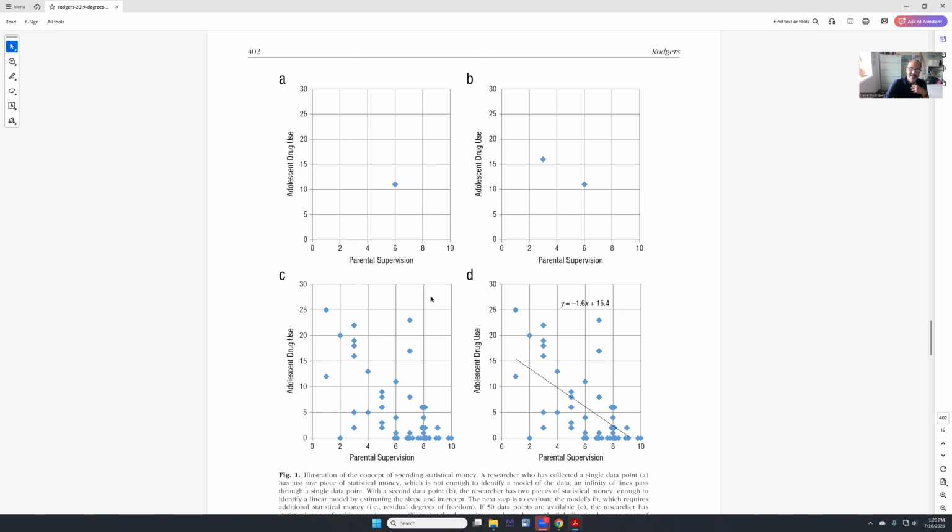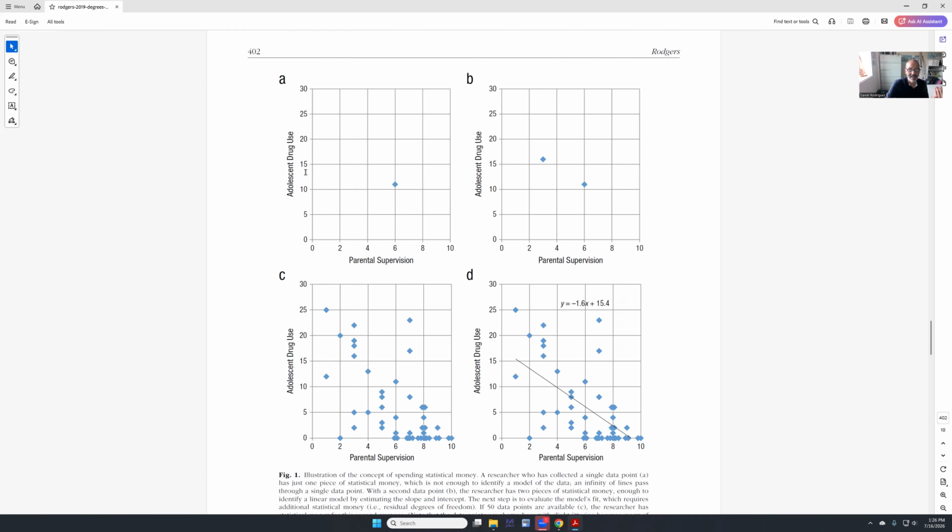Now, here's an interesting example where you plot parental supervision and adult drug use. So there's one data point, so $1. It's only $1 deposited in the bank. That's all we've done so far, just to have this one value. If we want to calculate the mean, we're always focusing on the outcome variable, not the predictor variable.